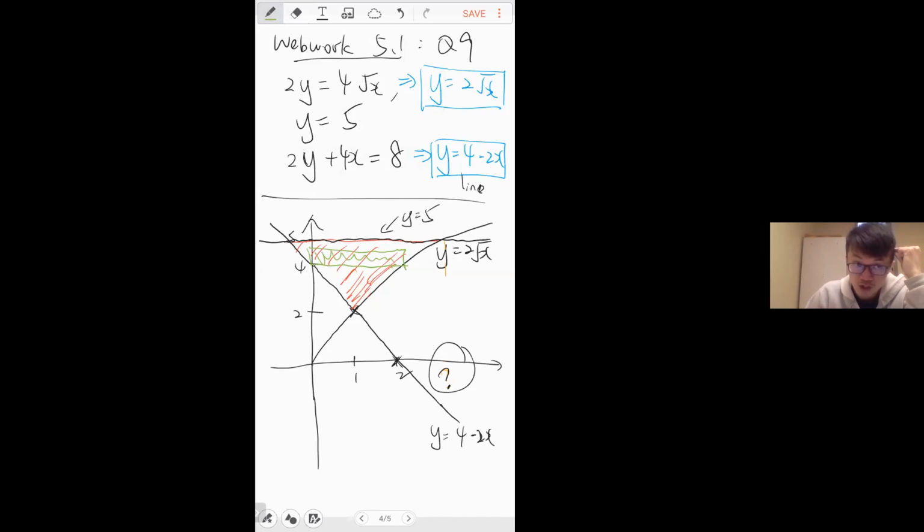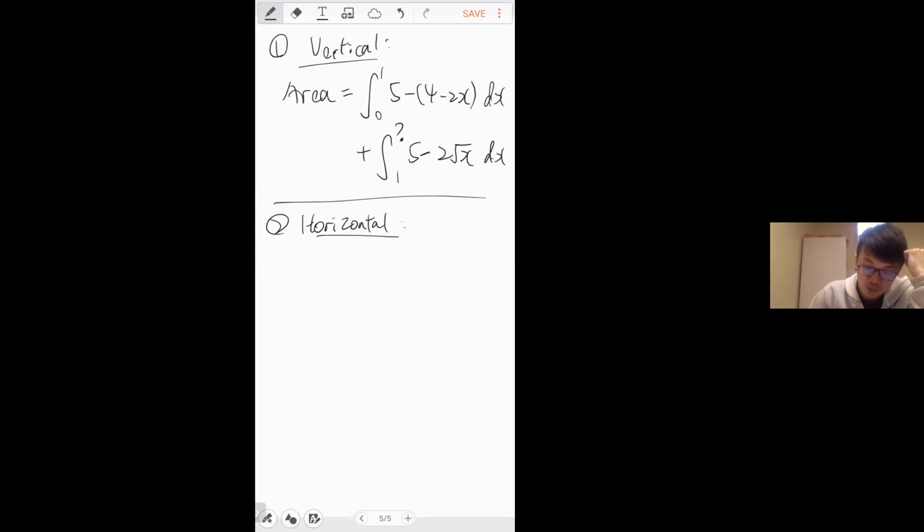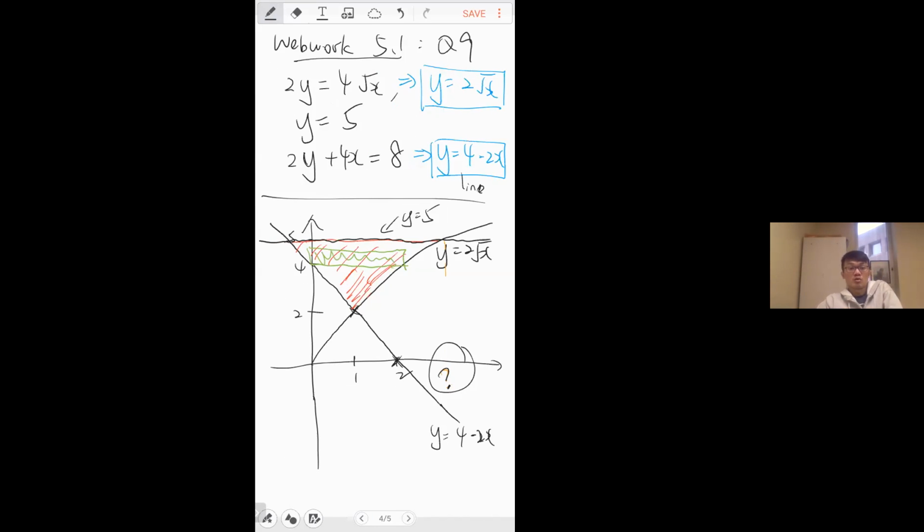And the right function is always 2 times root x. The left function is always 4 minus 2x. Does it make sense? And in this case, how do I write down my interval? So what is the lower limit and what is the upper limit? And which one minus which one?